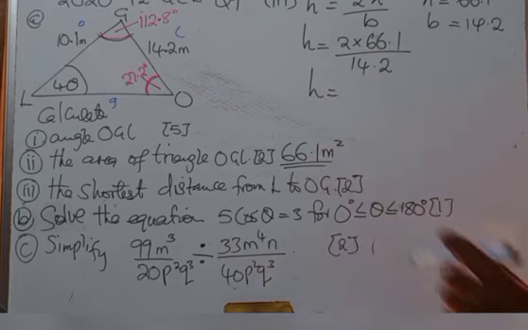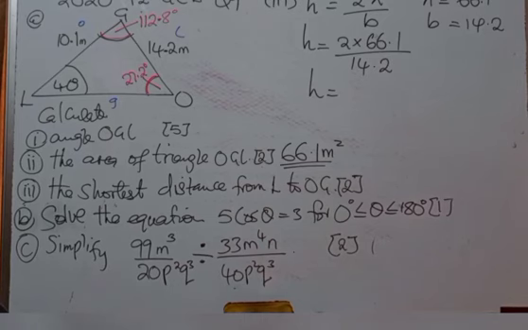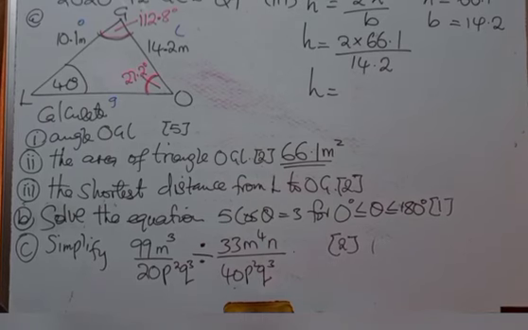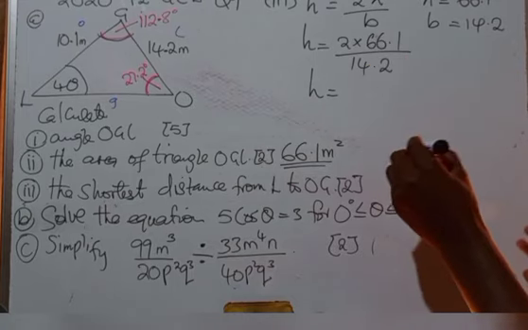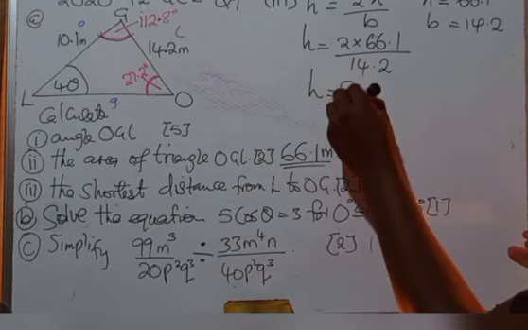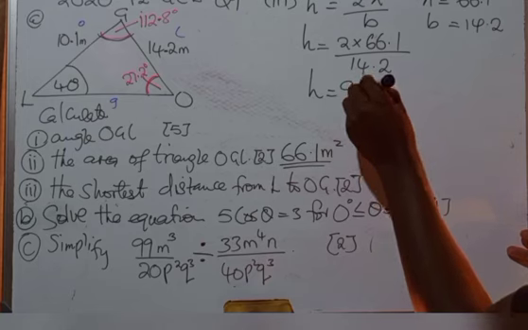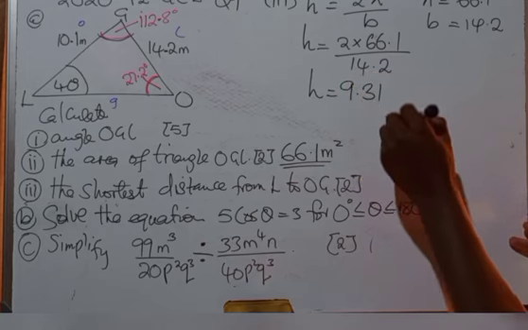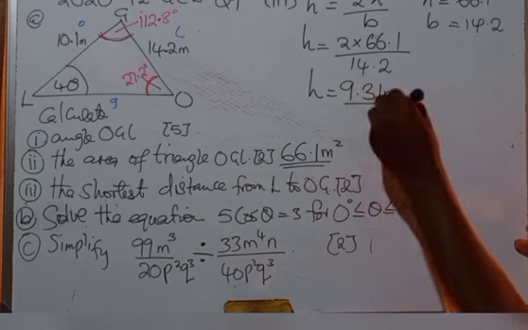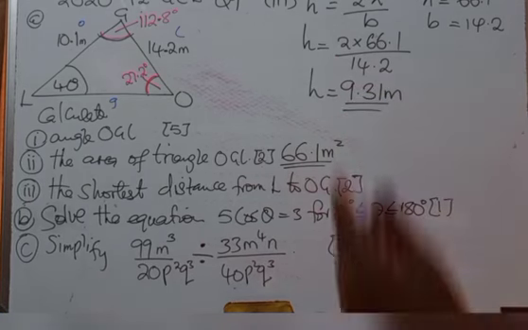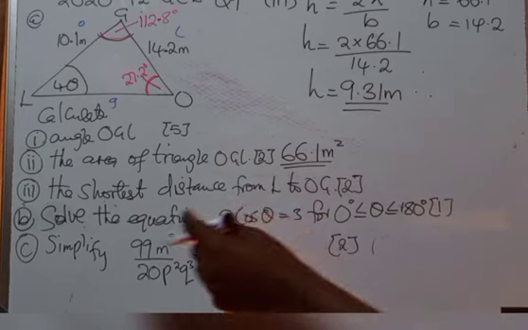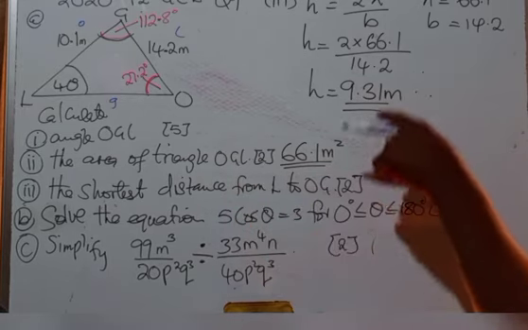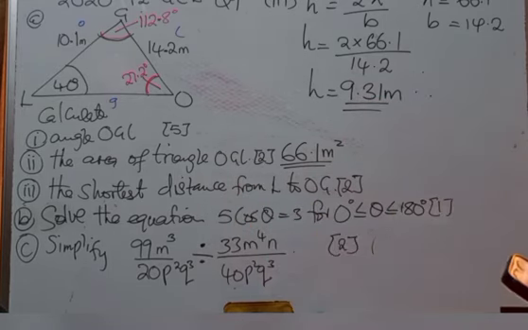What will be our answer? You multiply 2 times 66.1, then divide by 14.2. The answer we get is 9.31. So you can write, therefore, the shortest distance from L to OG is 9.31.